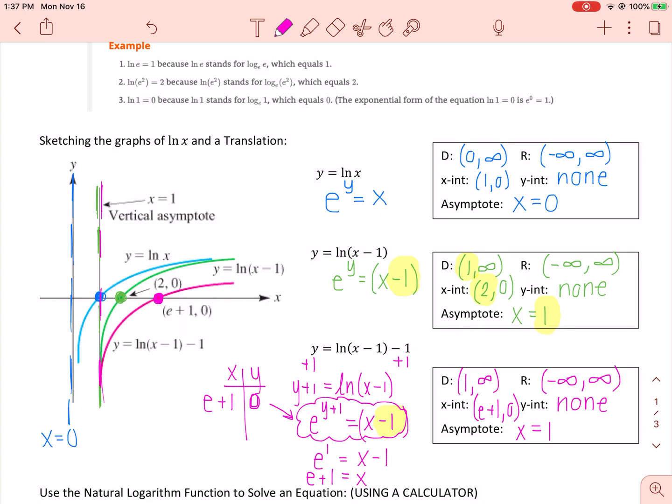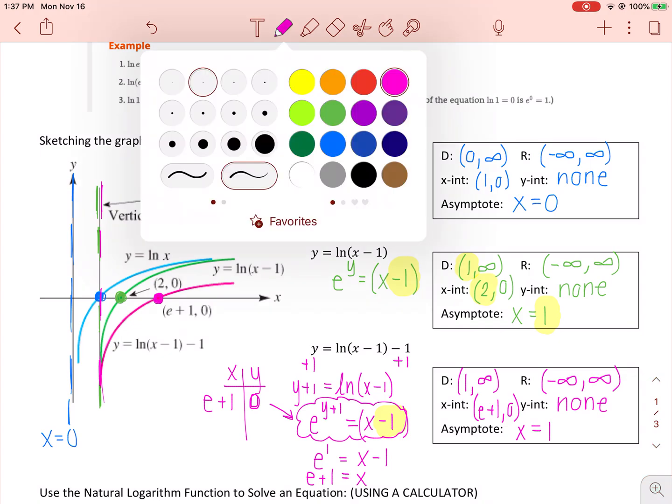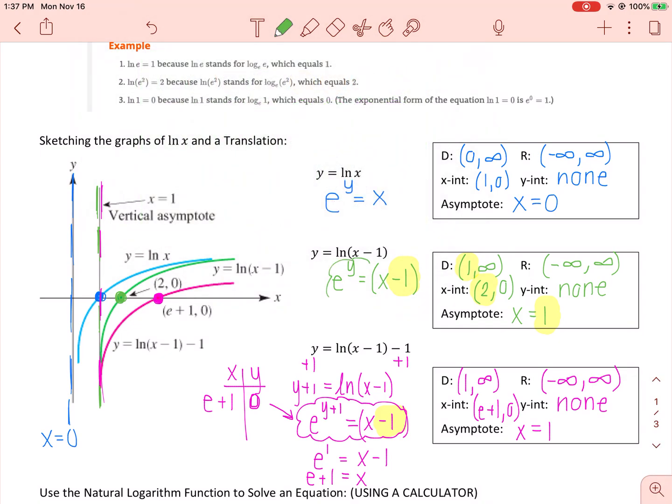So if you want to put more values in and see what it's going to look like in the end, go for it. But as long as you can tell these 3 graphs are very different, they all are based on this blue parent function. Okay, good idea to know these restrictions as you graph to make sure you check your answer.